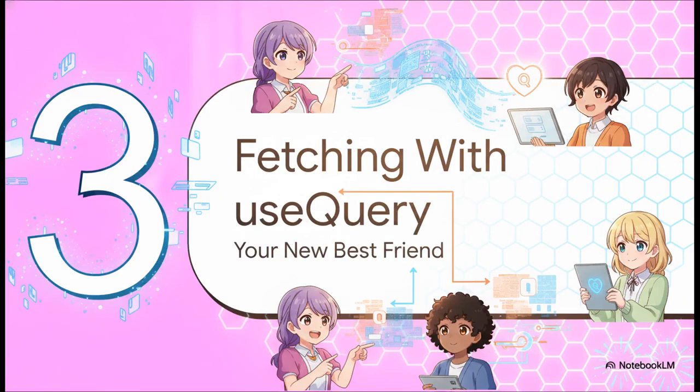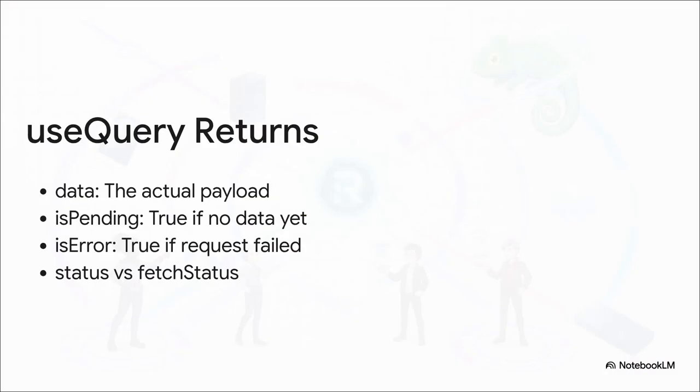With that foundation laid, let's move right into section 3, fetching with useQuery. Get ready, because this hook is about to become your new best friend. Just by calling useQuery, we automatically destructure exactly what we need for our UI. We get the data itself, an isPending flag if there's no data yet, and an isError flag if things go sideways. This instantly deletes massive amounts of that boilerplate we talked about earlier.